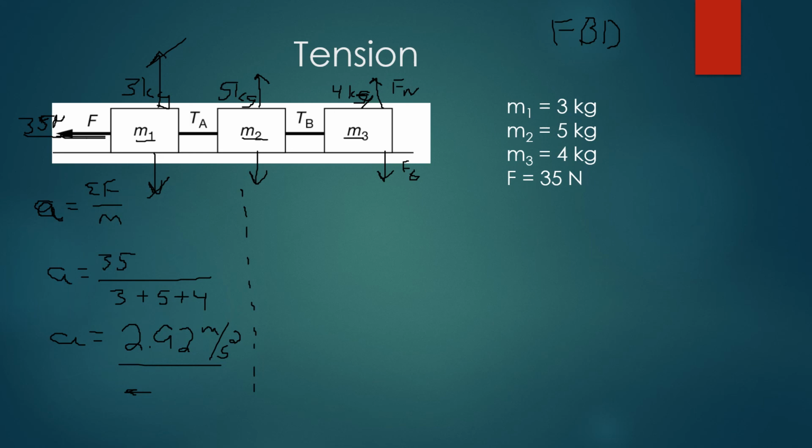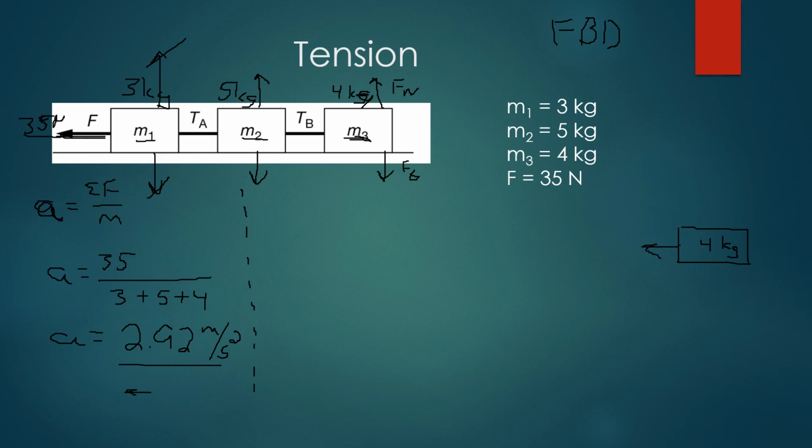When you do this, start with the one all the way at the end. Okay, so we're going to start with M3. So here's M3, and M3 is a 4 kilogram box. I want to draw the individual FBDs. Horizontally, we have the force acting on it.